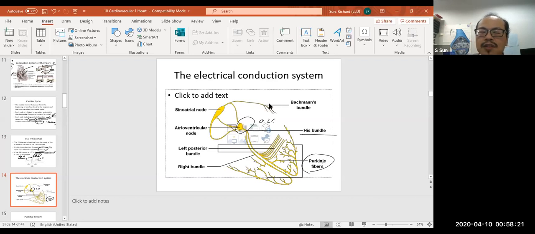One thing you need to know is that even though this is the electric conduction, this is not neuron. This is not nerve. This is muscle. The SA node fiber, the AV node fiber, these are all cardiac muscle. They just don't contract.